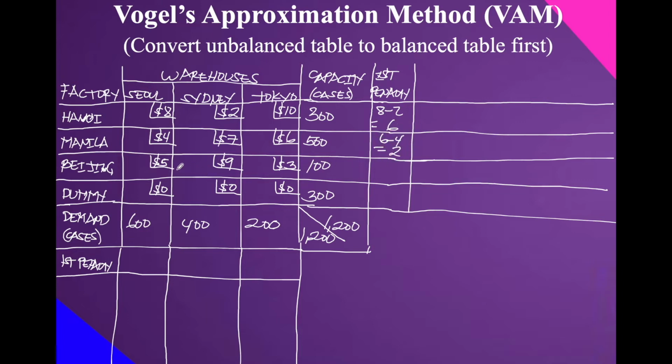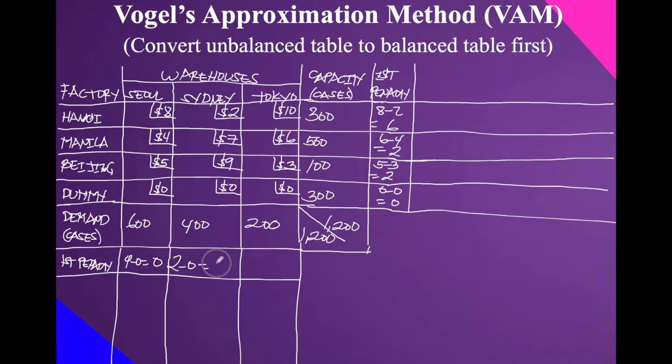For Beijing, we have 5, 9, and 3. The two smallest shipping costs are 5 and 3. So 5 minus 3 is 2. For the dummy, those are all 0.